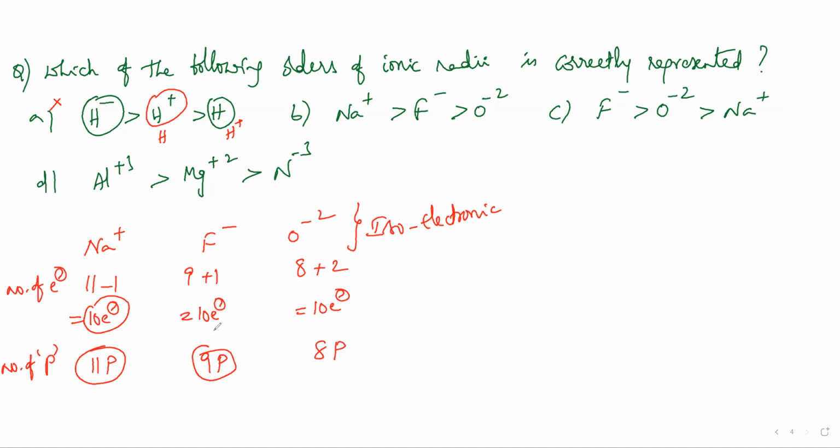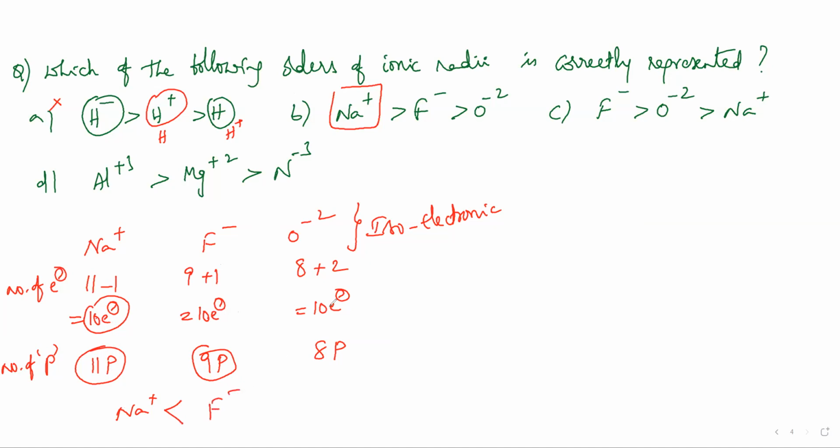Na plus has 10 electrons and 11 protons, so it attracts more strongly. Then what will be the size of Na plus? Less than fluorine, which has 10 electrons and 9 protons and cannot attract the electrons as strongly.